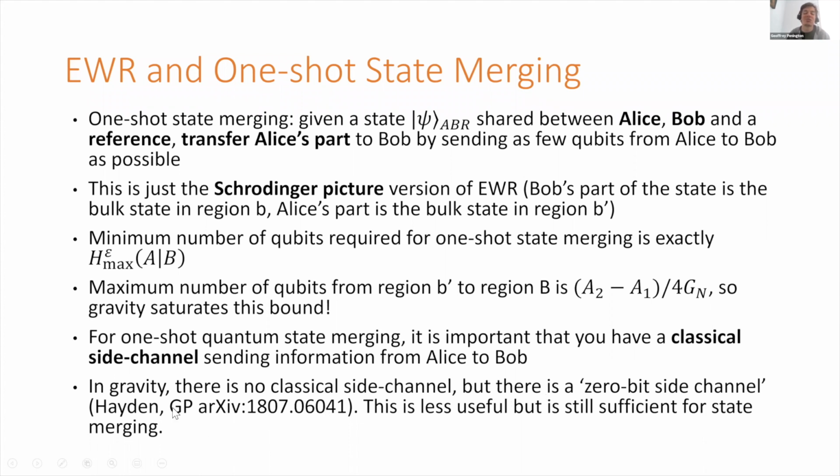And that, it turns out, is more useful than just being able to learn this many qubits about the region. And in fact, having these extra 0 bits turns out to be the minimum sufficient information to be able to do state merging with only this many qubits. So gravity is really being as efficient as it possibly can be about getting the information communicated through to the boundary region big B.